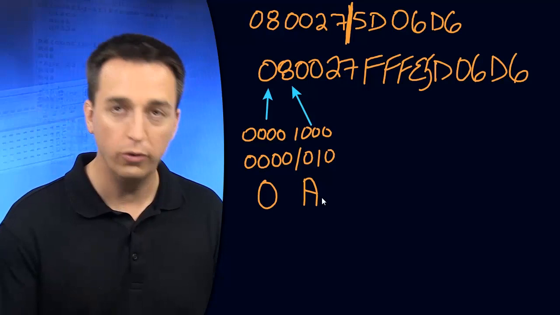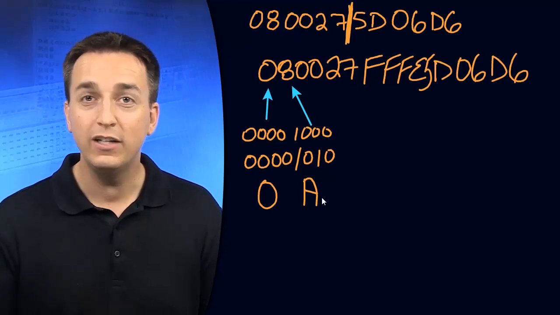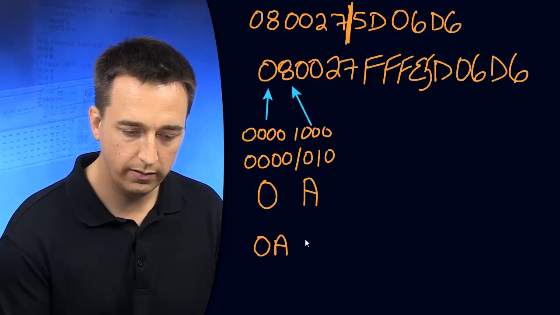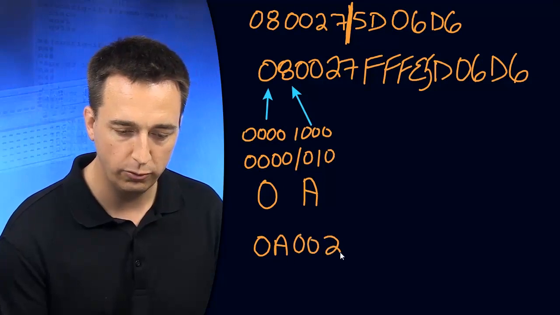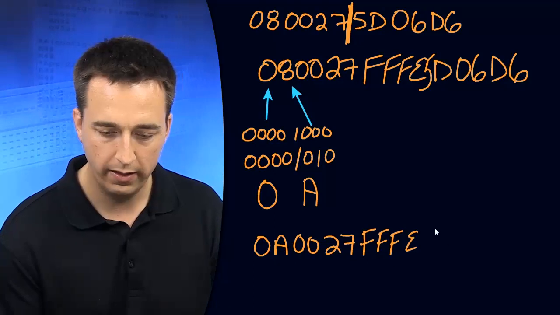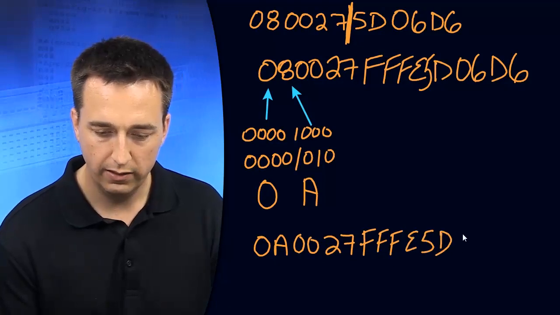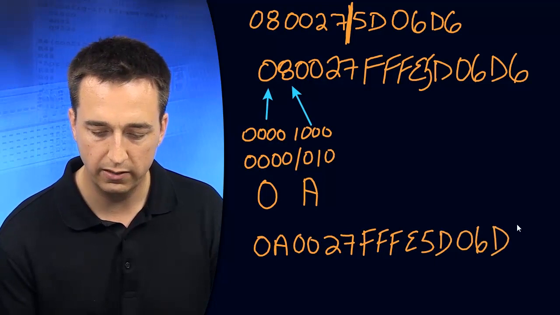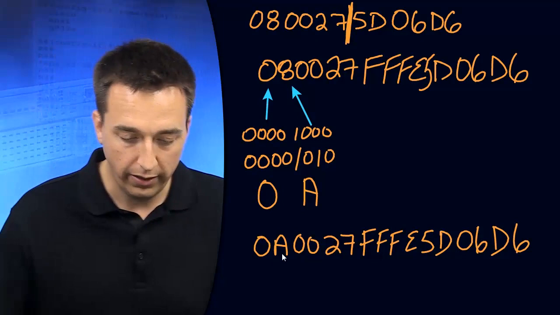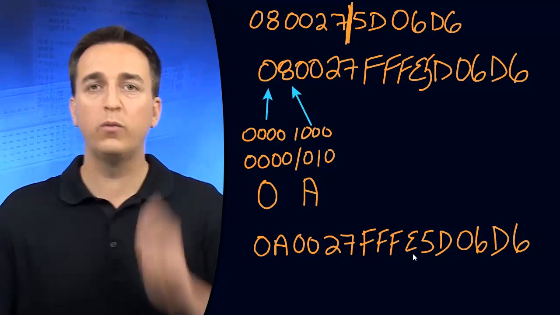So our new interface ID is going to be 0A, 00, 27, FFFE, 5D, 06, D6. So we're going to have 0A at the beginning and FFFE put right in the middle.